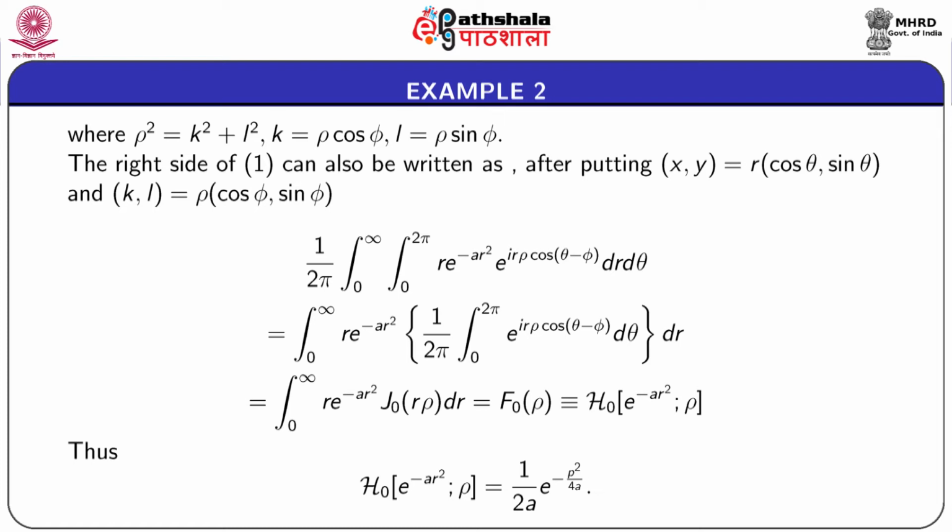So, this is equal to integral from 0 to infinity r e to the power minus a r square J naught(rho r) dr, which is the Hankel transform of the function e to the power minus a r square, and that is equal to capital F naught(rho). Thus, we have found out Hankel transform of e to the power minus a r square as 1 by twice a e to the power minus rho square by 4a.